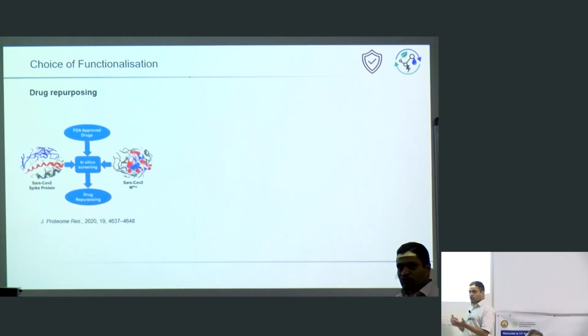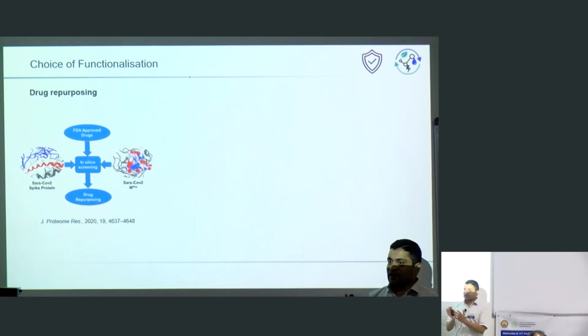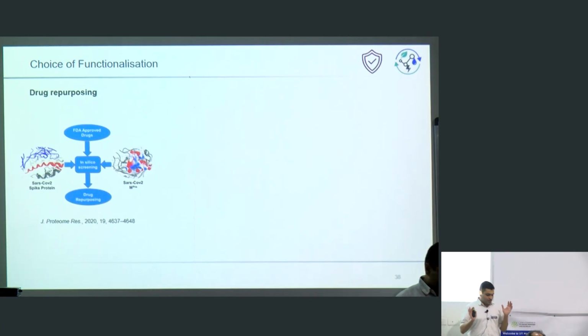So all good said and done that you need something to functionalize the surface. But what do you functionalize it with? This is where the power of computational chemistry comes into play. At the time when COVID hit, a lot of papers, if you go back to that literature, there are hundreds and thousands of papers coming from theoretical groups or computational groups rather, where they just took old drug molecules that were known in the literature, FDA approved, that were not used in the market.